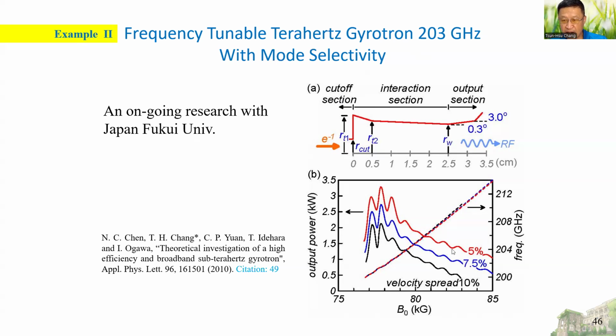As you can see here, that's for velocity spread. This structure is good for uniform, high power at 200 gigahertz, also with high citation. Because of this work, Dr. Chen Naiqing received an invited talk for the International Conference on Microwave, Millimeter Wave, and Terahertz Wave.